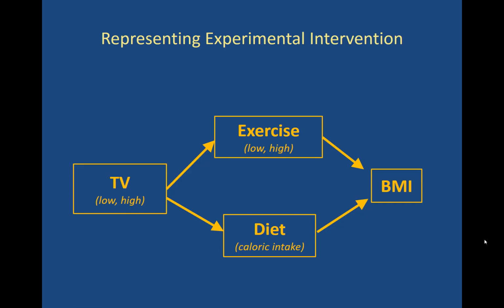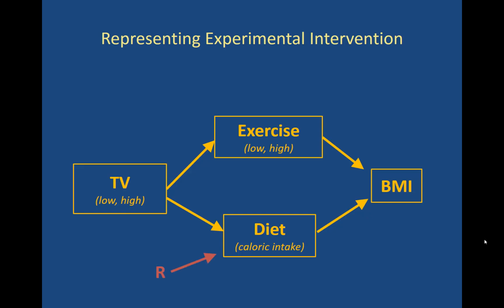The final piece of the representational puzzle is intervention, which is crucial for anything that talks about causation. So take this example again and imagine an experiment in which we intervened on people's diets. We might get participants to volunteer, and those participants might agree to be randomized to one of two conditions.